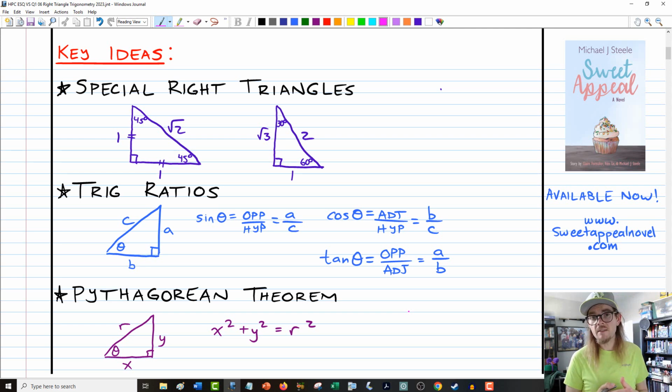Those have built-in, really nice proportions that allow us to use them quickly. Beyond that, we talked about the 3 basic trig ratios, sine, cosine, and tangent, and what their ratios were relative to a given angle. There are more out there, but these are the 3 you're expected to use on the ESQ in the first half of Honors Pre-Cal. Last but not least, I reminded you about the Pythagorean theorem, so you had that in the back of your head.